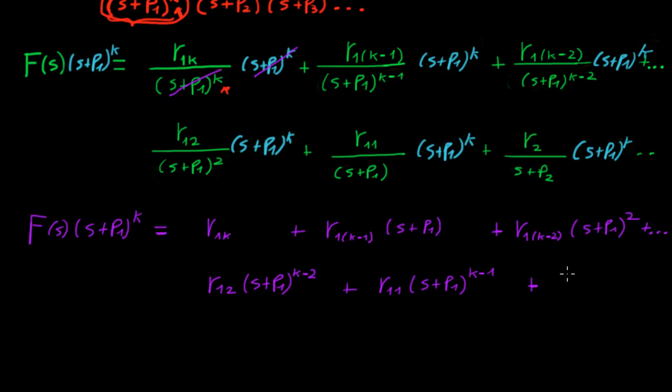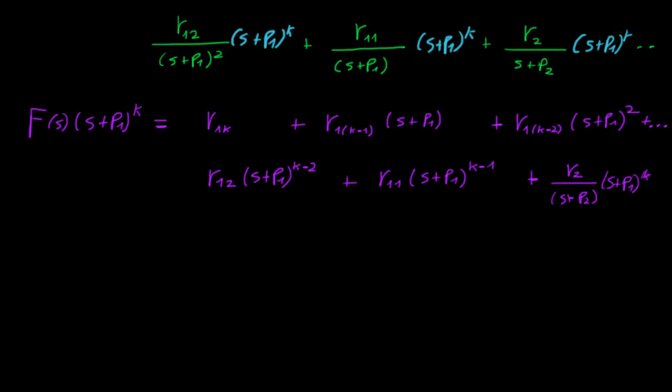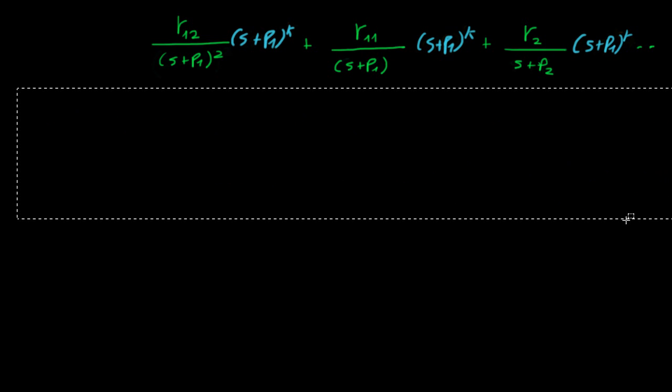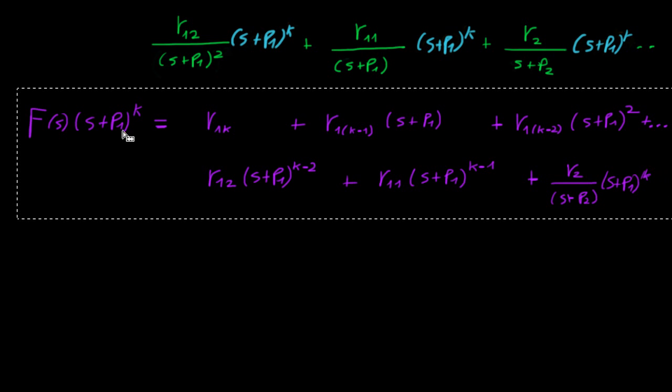And in the case of the other poles, there's no simplification, they keep s plus p1 to the k. So now we can assume that s is equal to minus p1, but first let me save a copy of this that will come in handy later on.